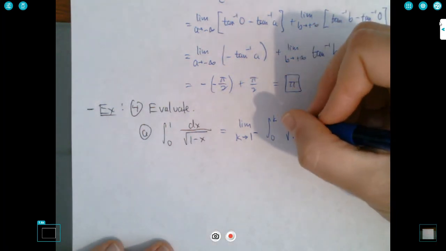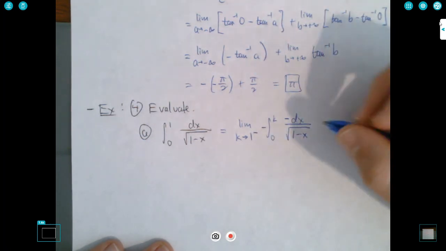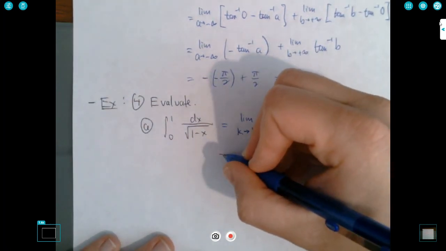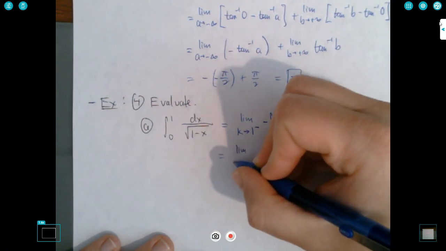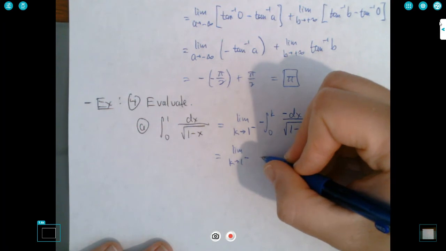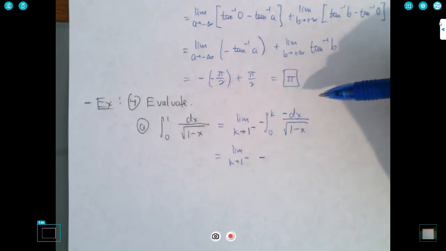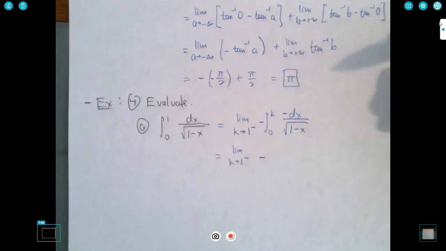Let me see if I can do this without having to actually do the u substitution, but I think I can do it. Okay, so it's going to be the limit as k approaches 1 from the left of negative u to the negative 1/2. That would be u to the positive 1/2 divided by 1/2, so 2u to the 1/2.